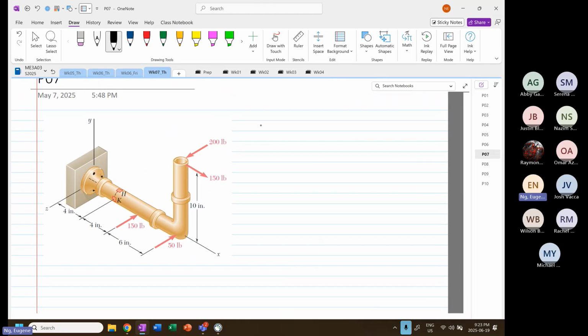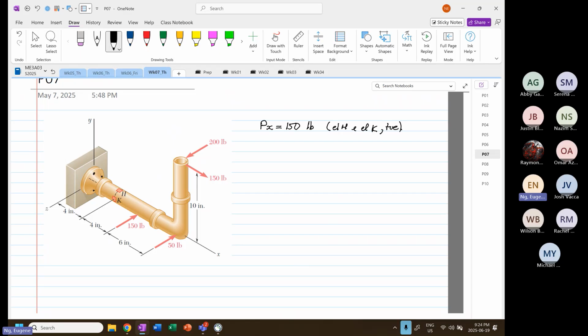So now we know that PX is equal to 150 pounds. And we know that for element H and element K, they are both going to be in tensile, positive. Positive means tensile.